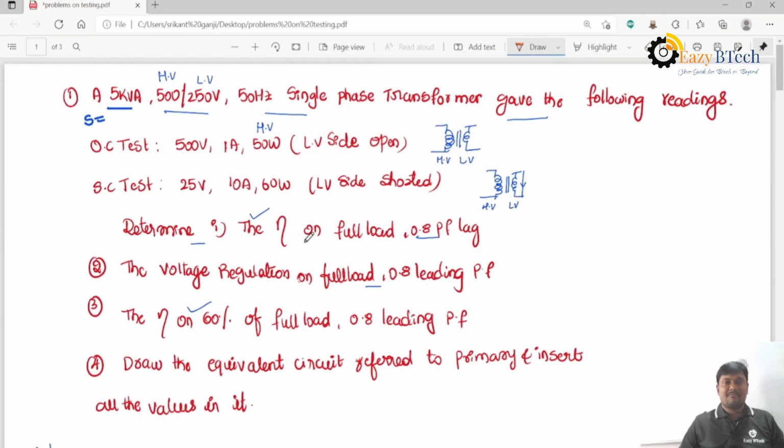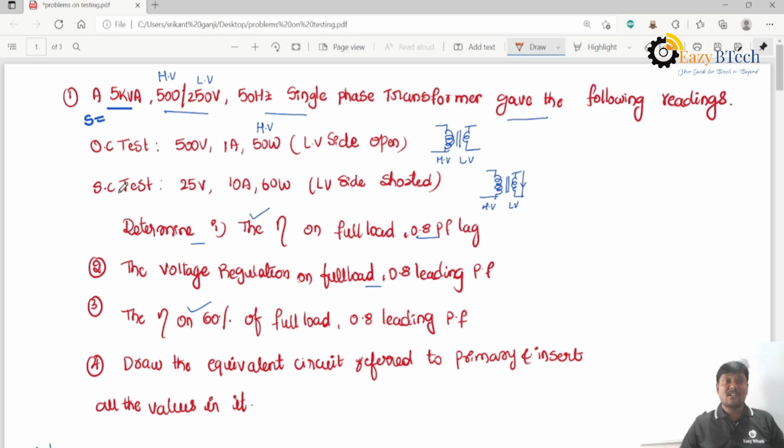The first step is asking to calculate the efficiency at full load at 0.8 power factor lag. Before that, we did the open circuit test. From the open circuit test, we calculated no load losses and shunt branch parameters, and from the short circuit test, we calculated the copper losses and series branch parameters. And if we know the losses, we can find the efficiency.